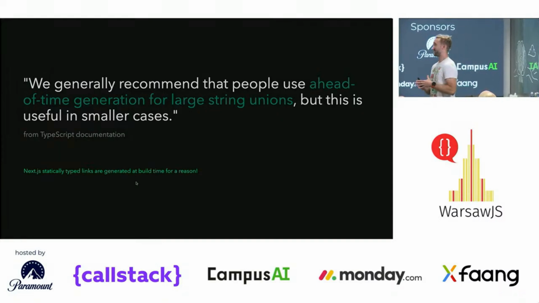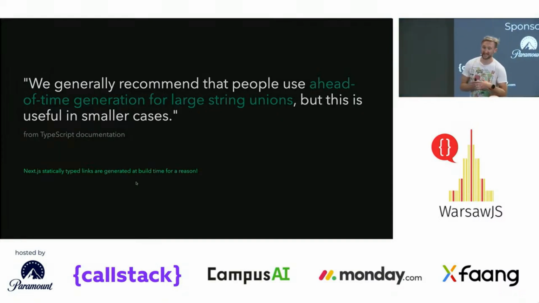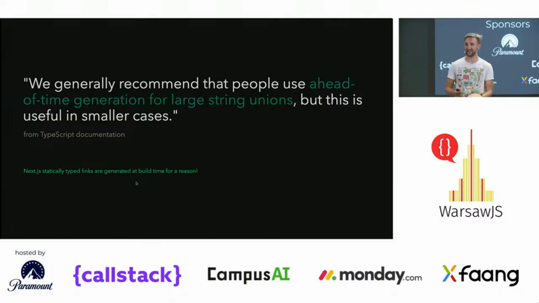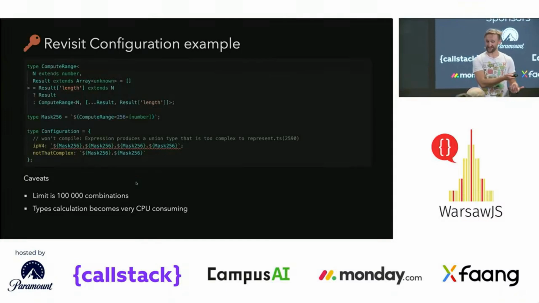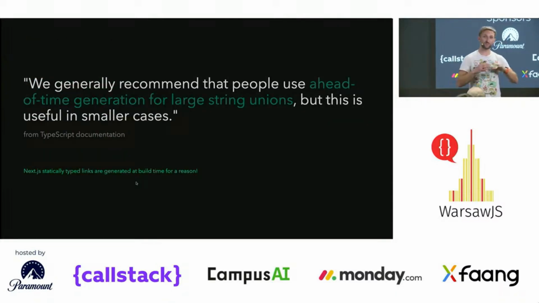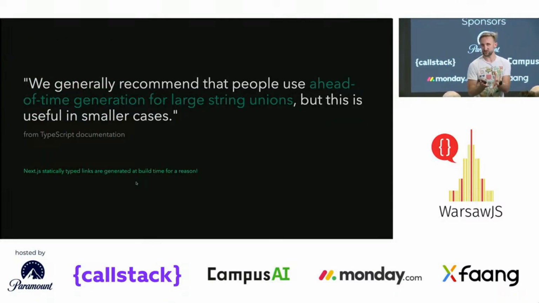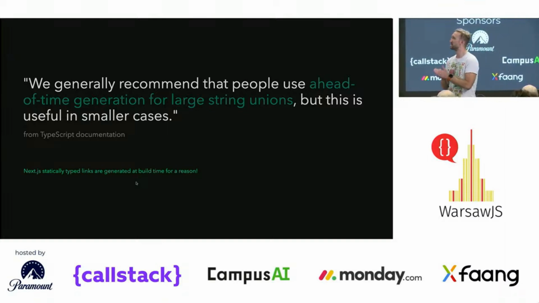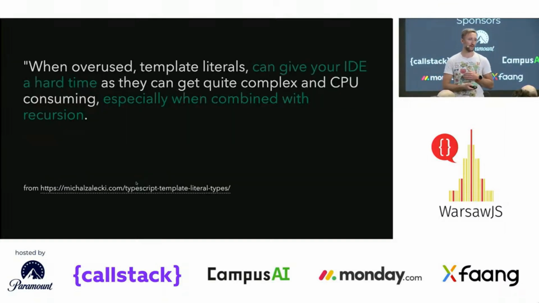In general, the TypeScript team recommends using ahead-of-time generation for large string unions like that one. But for smaller cases, just use template literal types. This is a really cool feature which will help you.